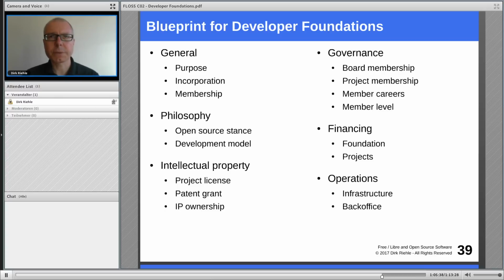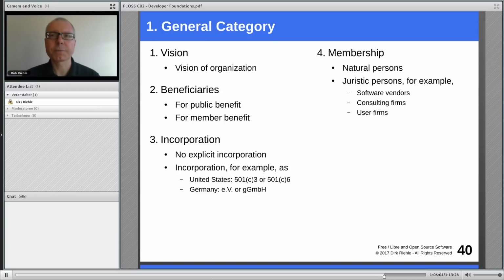We did some research on that, and what follows is a blueprint of a developer foundation. It has various different aspects, ranging from underlying philosophy, through how to handle intellectual property, through all the governance issues and processes for that, all the way to financing and back office operations.